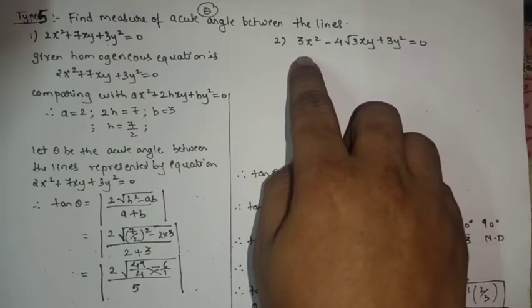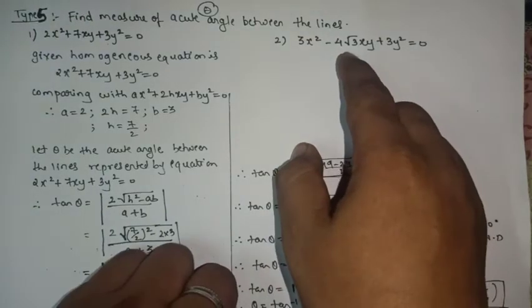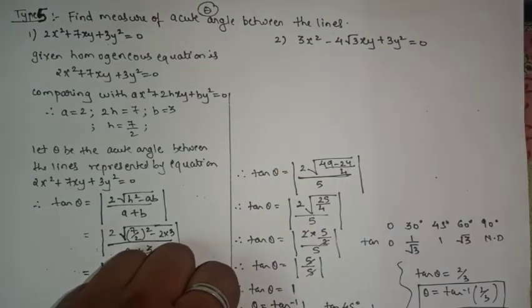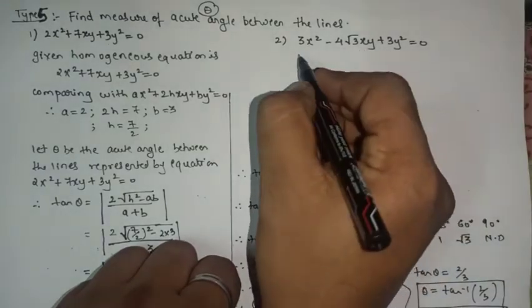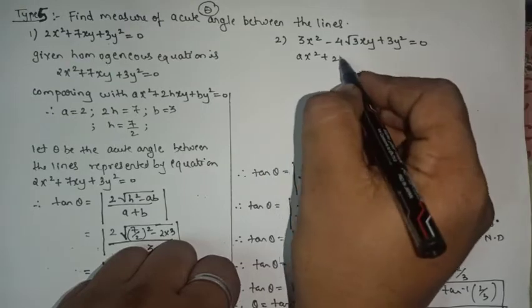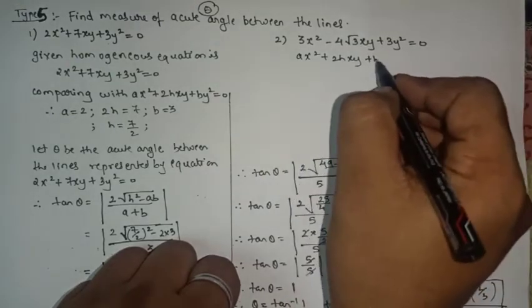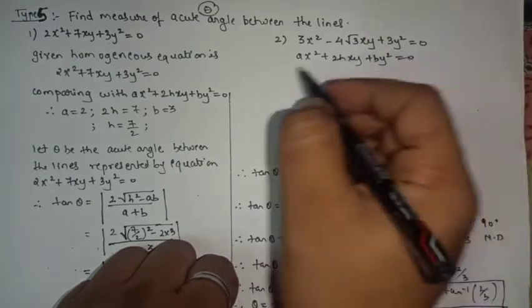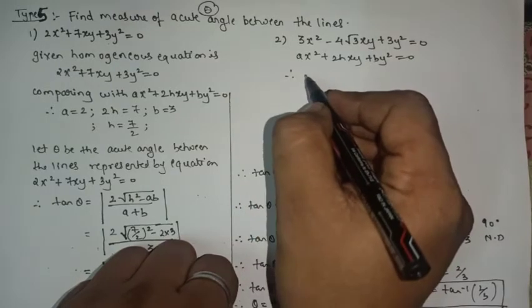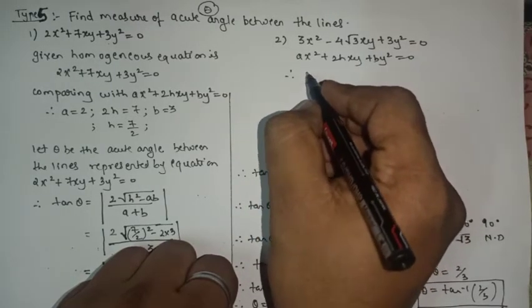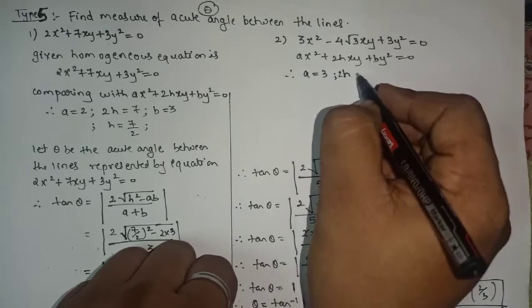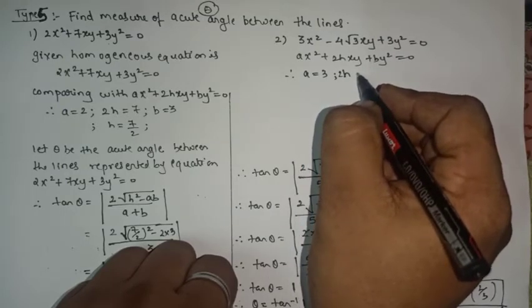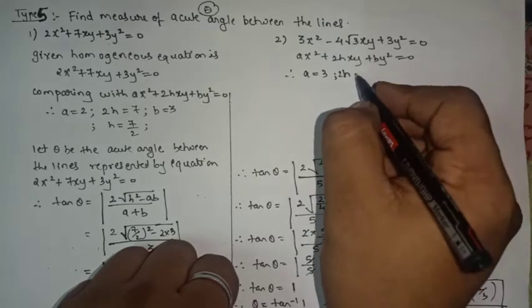Here we have 3x square minus 4 root 3 xy plus 3y square equals to 0. When you compare this equation with ax square plus 2hxy plus by square equals to 0, you will get the value of a as 3. 2h will be what?